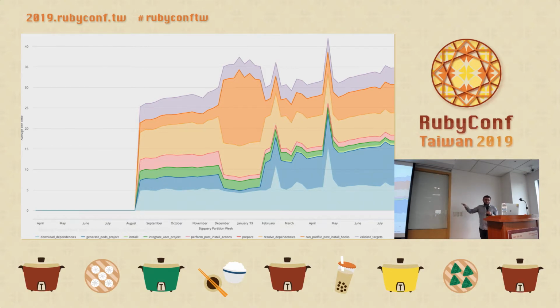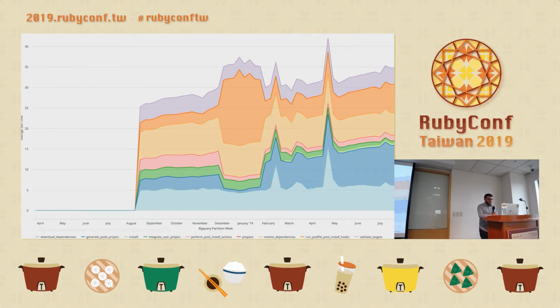This is like aggregating different durations on CI over the past year of some of the different phases of installation. But I can make these graphs whenever I want. Whenever I want to go and work on CocoaPods performance, I'll find some graph that justifies me spending a week or two on it.